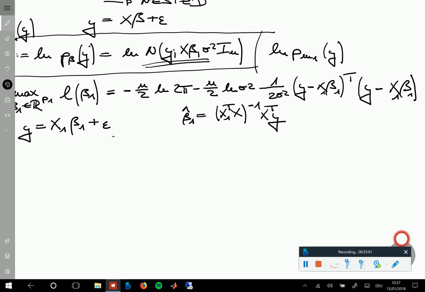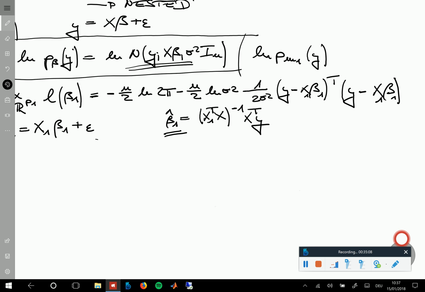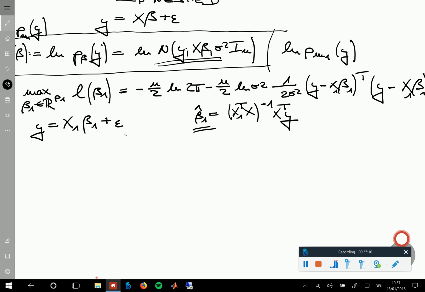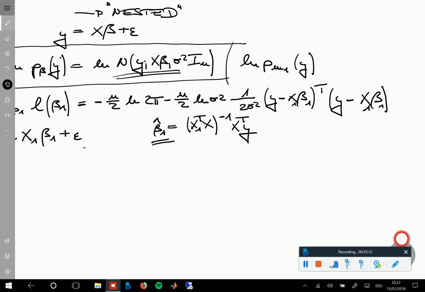And so this value of beta 1 maximizes the log likelihood function. So the maximum of the log likelihood function in terms of beta 1 is the value that we get for this function if we plug in the maximum likelihood estimate. What we first wrote down was just the function as a function of beta, and now we are looking at the value of the function where beta is maximal.